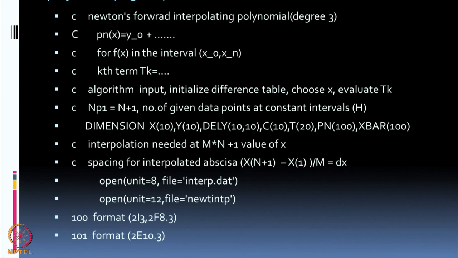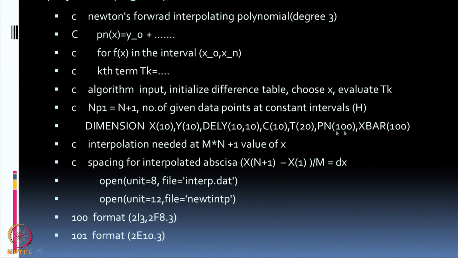Now, I will start declaring all the variables in the program. So, what are my variables in the program? X is a variable, that is how many data points I have. This 10 is arbitrary. Instead of 10, I could have given 50 or 100. I could have given 4 also, because I have 4 data points, but normally I give larger dimensions, because you may have a large amount of data and you want to interpolate between adjacent points in that large amount of data.